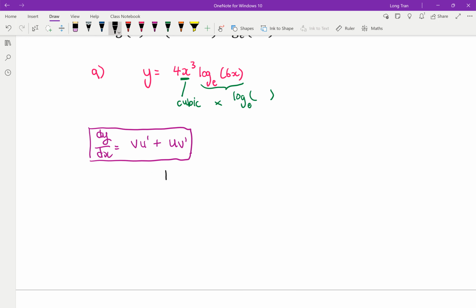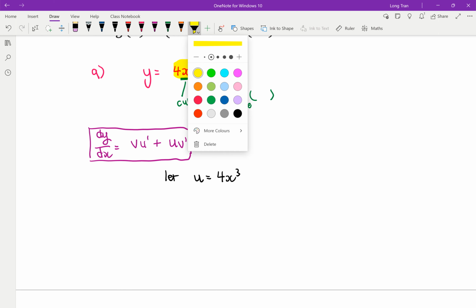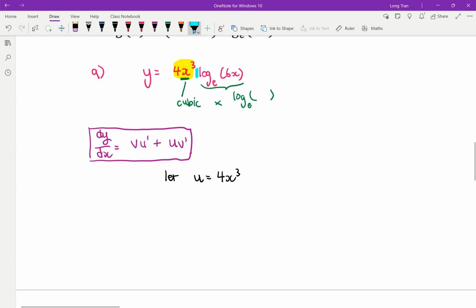So I can say let u equal 4x cubed. Okay, so this is my first function, and then my second function can then be log e of 6x. Okay, and so here I'm now going to say v is equal to the log base e of 6x.